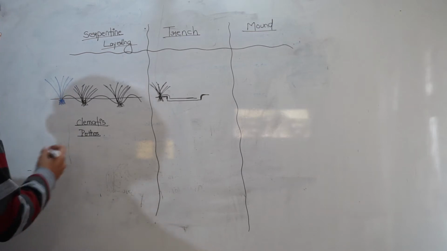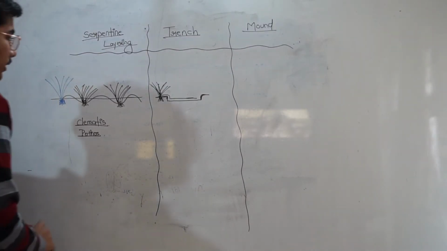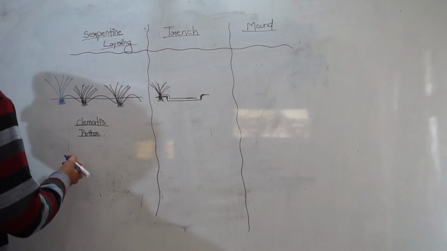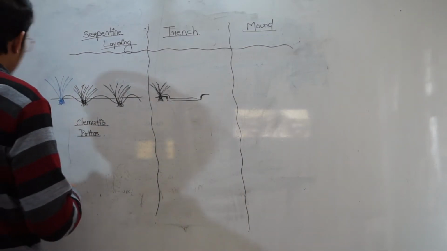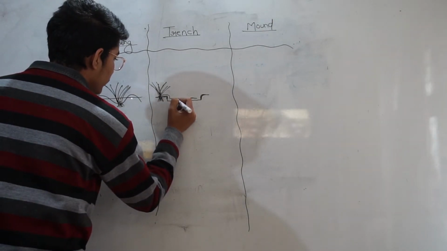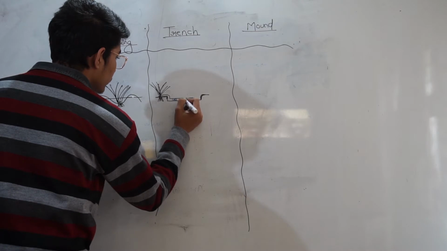Now, similar to serpentine layering, we will perform a cut here in this layering, and it forms adventitious roots.